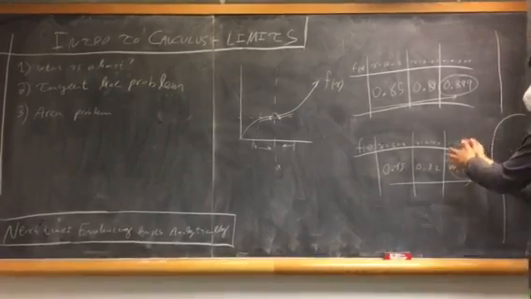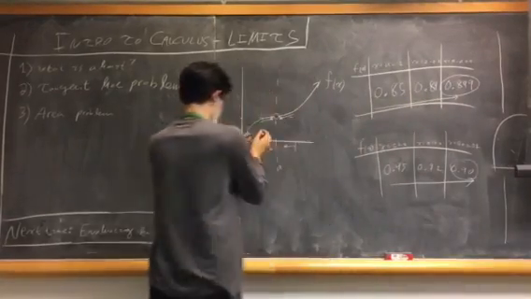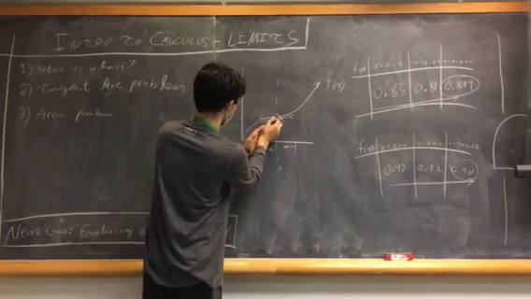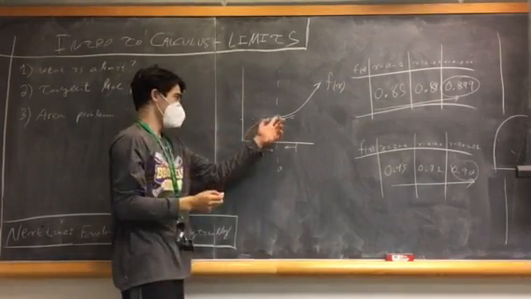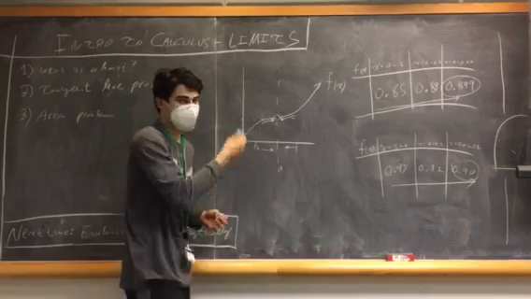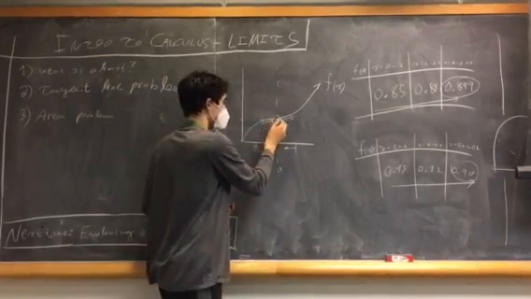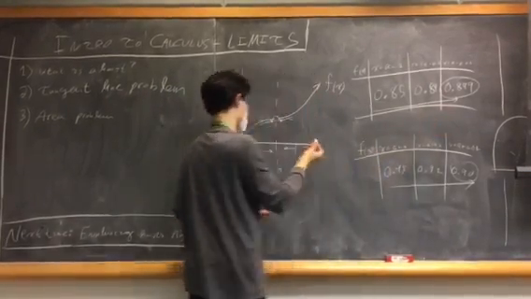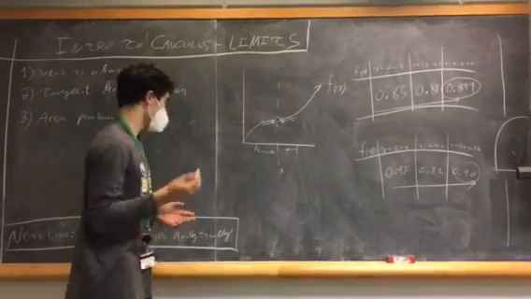So we can look at this and say that if the function is getting closer and closer to the same value right here, we can say that if the function did exist, this is likely the value that it would exist at.